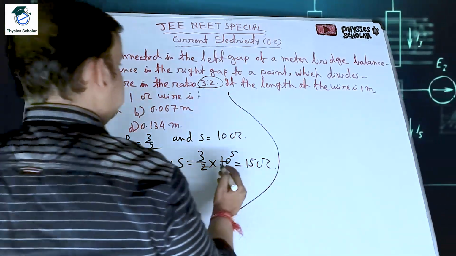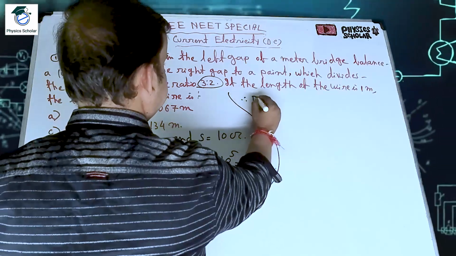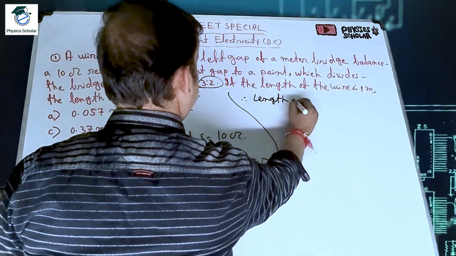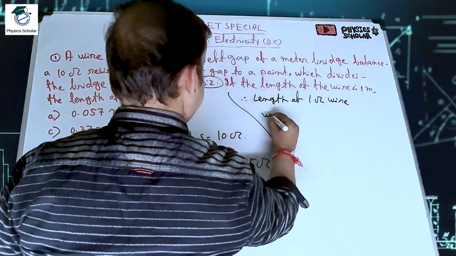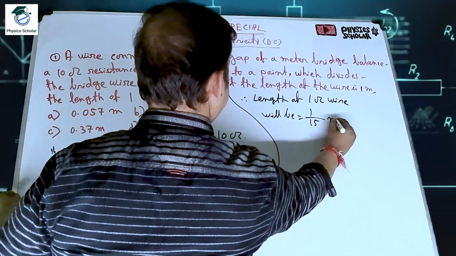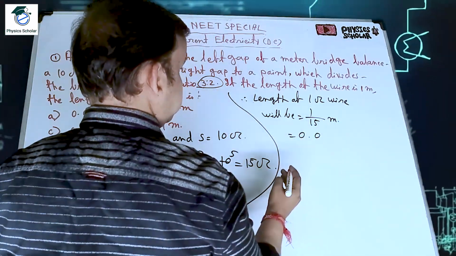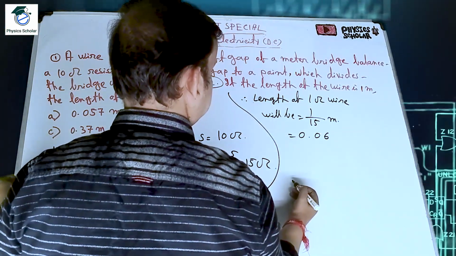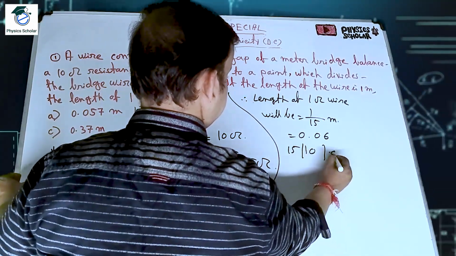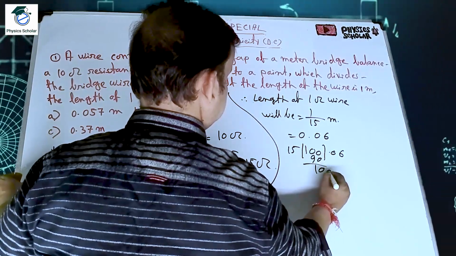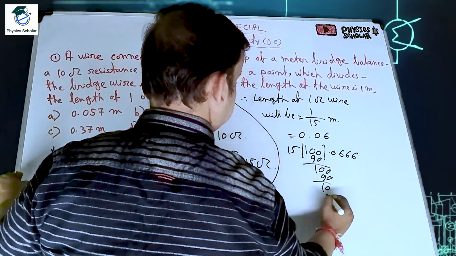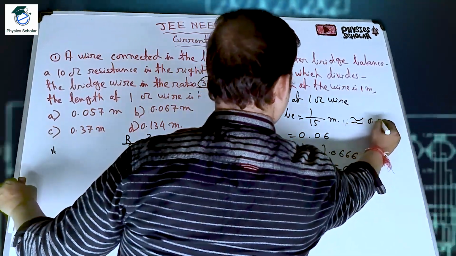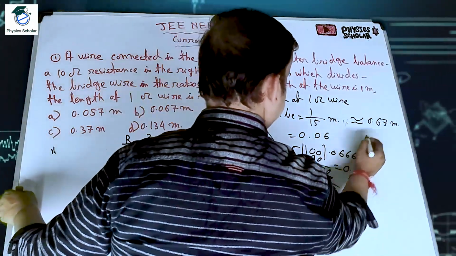Now the length of 1 ohm wire will be 1/15 meter, which is approximately 0.067 meter.